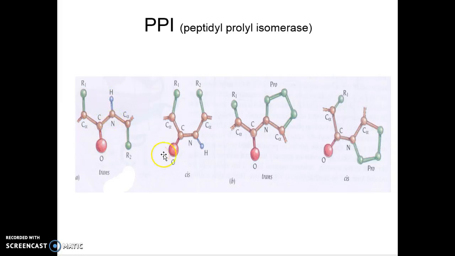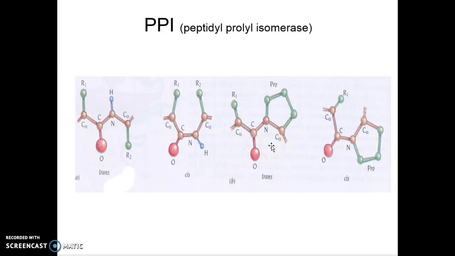Okay, while in cis form, two CO and NHs, and also because of that, the two side chains probably experience some steric hindrance, meaning what? Trans is much more stable than cis, 100 times. I'm sorry, 1000 times more stable. Okay.